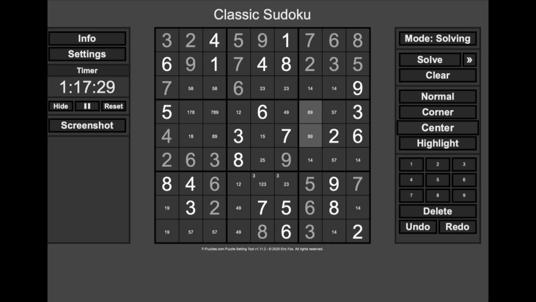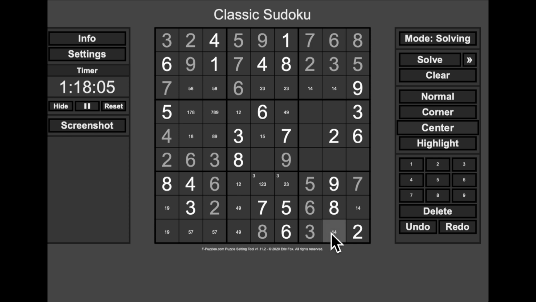Cannot solve it from here. I can't do it from here, I don't think. I haven't found anything wrong in these rows.